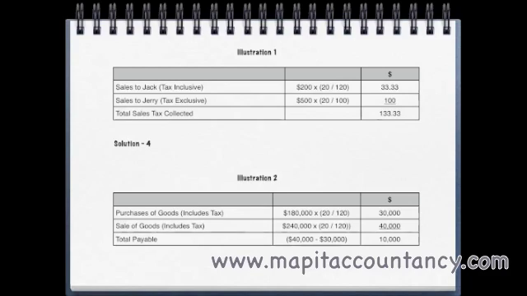So the sales tax on sales was 40,000, the sales tax on purchases was 30,000. That means we pay the difference to the government because our sales tax was greater on the sale of goods than the purchases. So that's how we deal with extracting the tax from the balances.